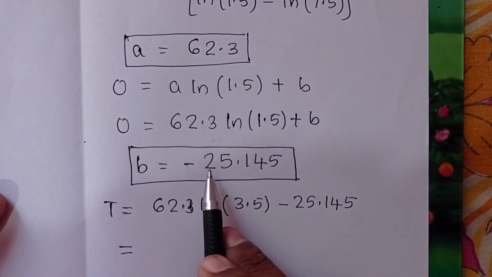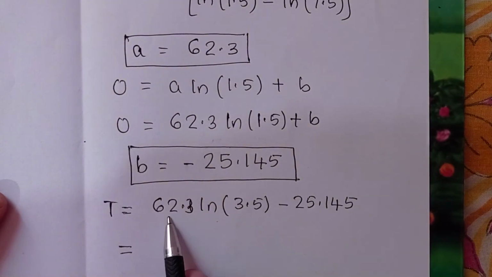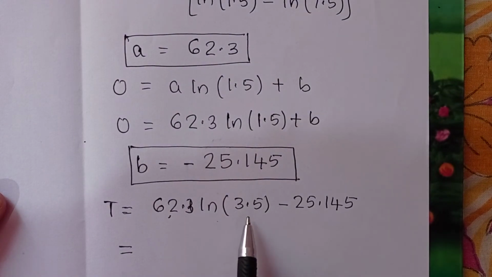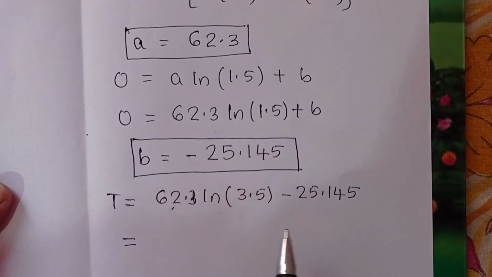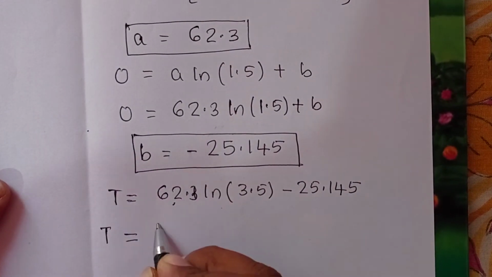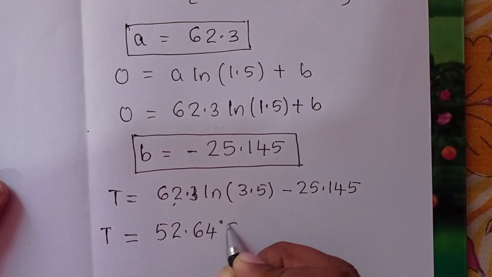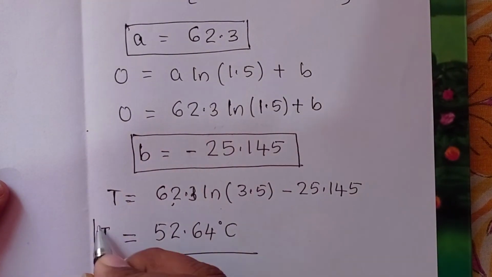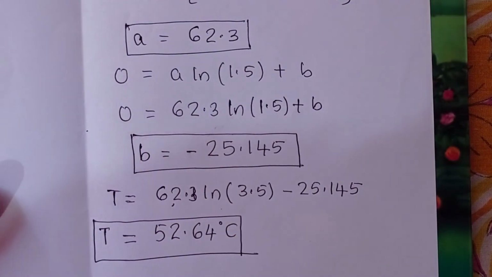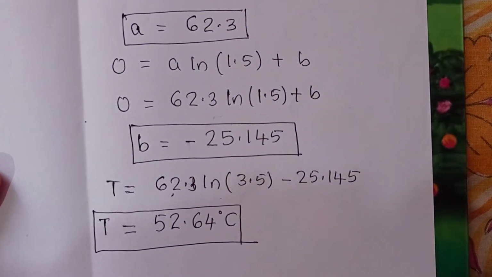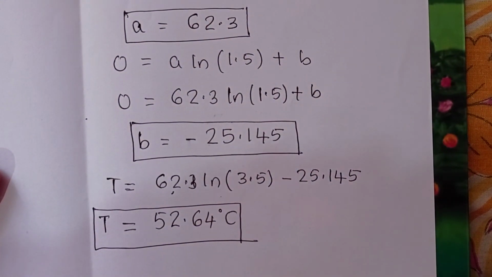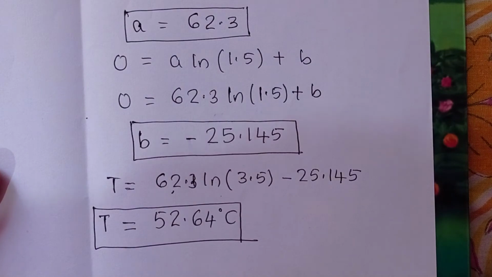So b value is minus 25.45, a value is 62.3. When I substitute this value and x value as 3.5, I will get the value of T as 52.64 degree centigrade. So when x is 3.5, the value of T will be 52.64 degree centigrade.